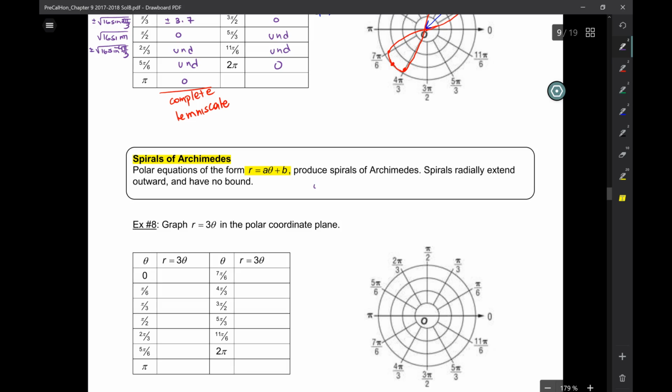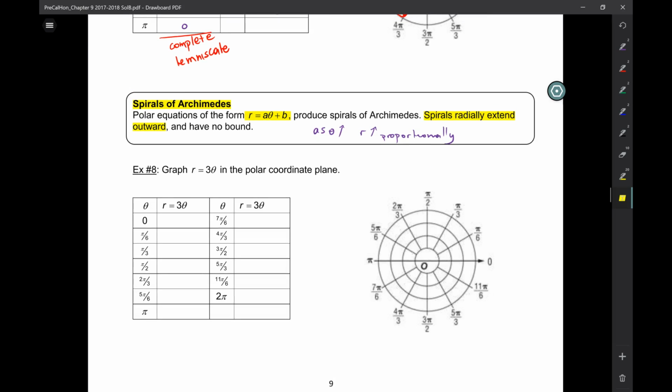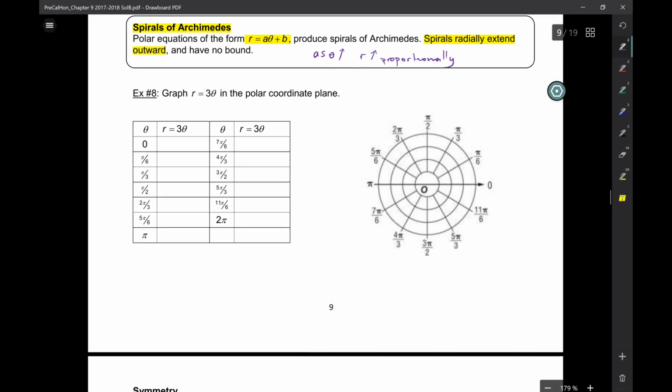As theta increases, r increases proportionally, right? Which means spirals will radially extend outward with no bound. We're going to do a couple of these, just to give us an idea.